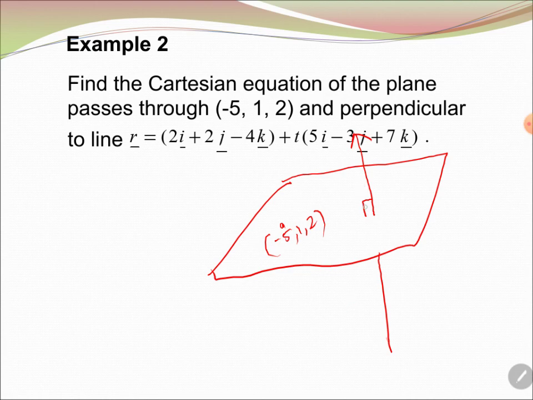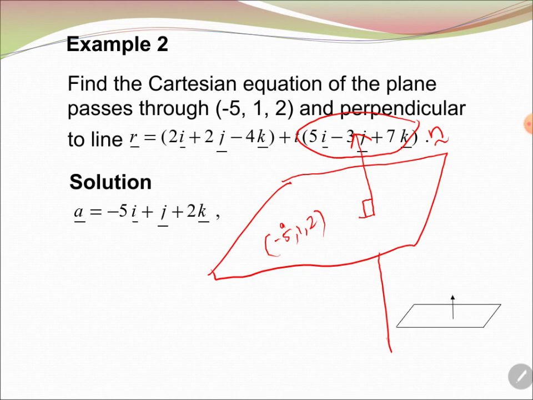So what can we say about the line? The direction of the line is the normal of the plane. Why? The normal is the direction vector that is perpendicular to the plane. So we can take the direction vector of the line as the normal.